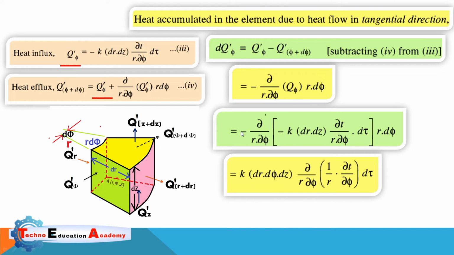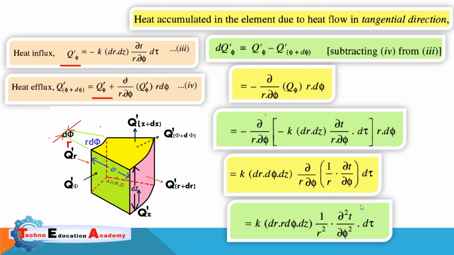This minus term is multiplied with this minus, so minus minus plus. Here we keep out the common term dr into d phi into dz, and the remaining term is del by r del phi in bracket 1 upon r. Here you can see that the common term is 1 upon r into del t by del phi into d tau.